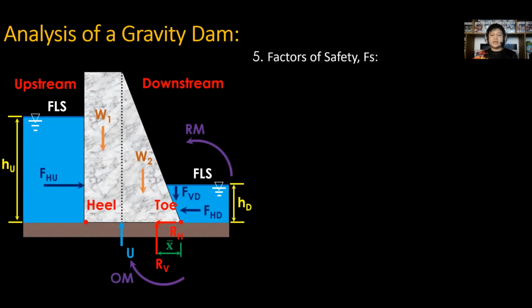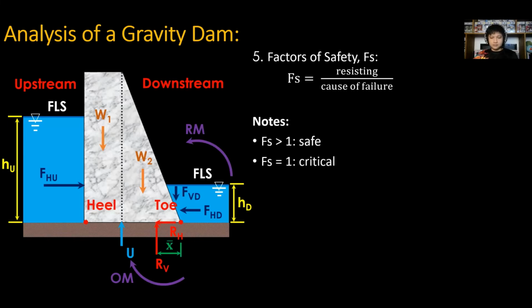For the fifth process, let us now assess the determinant of whether the dam is safe, the factors of safety. The factor of safety is the ratio of the resisting factors over the generator or cause of failure. The resisting factors must govern. Therefore, for some notes, if Fs is greater than 1, the resisting factors govern, and it is safe.